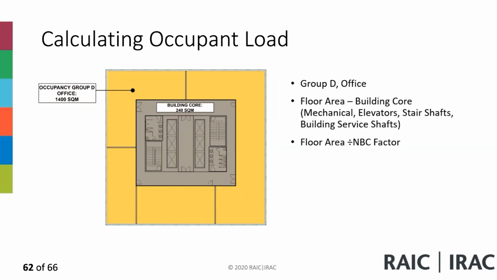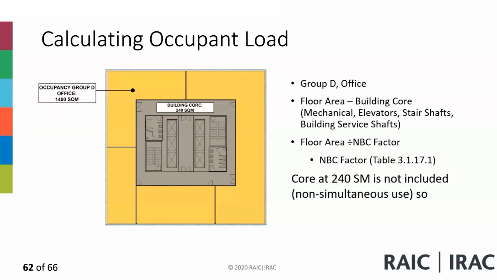So 0.75, the 1400 divided by, if I am in a, let's see, business and personal office, is 4.6, for shops it's 9.3, so divided by 9.3, and I get 151 persons.